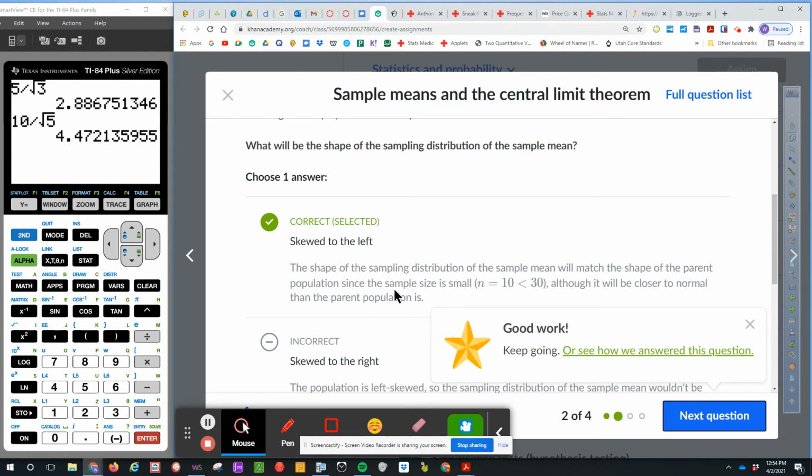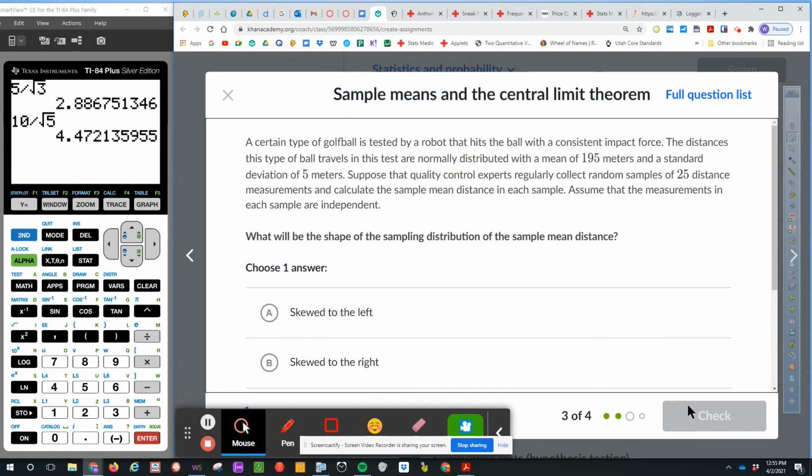So, for example, if your parents are very tall, the kids are typically also tall, right? So the shape of the sampling distribution will match the shape of the parent, given that the sample size is small. But if the sample size was big, bigger than 30, then the shape of the sampling distribution will be approximately normal, regardless of the shape of the parent population. Although it will be closer to normal than the parent population is.